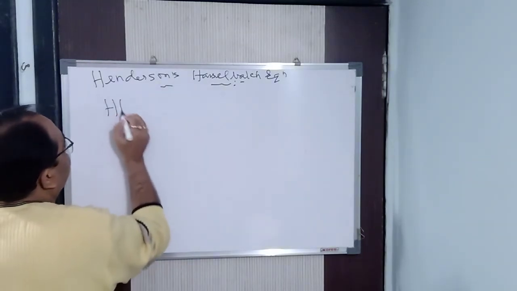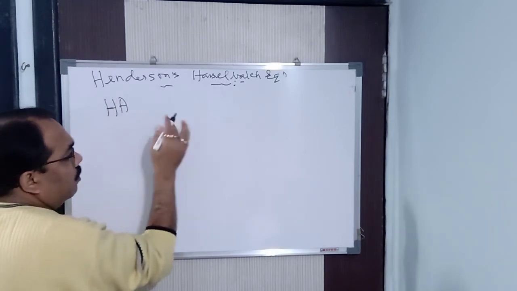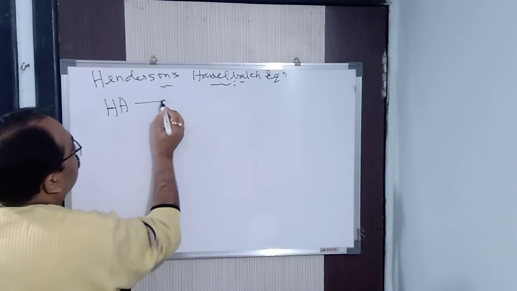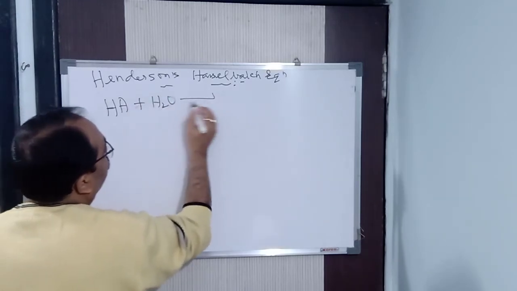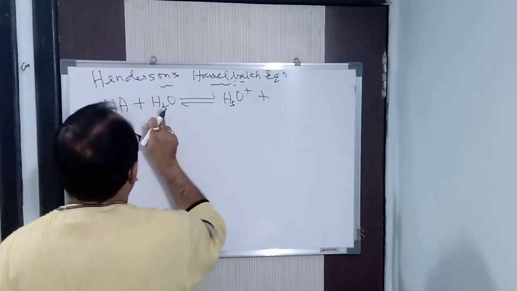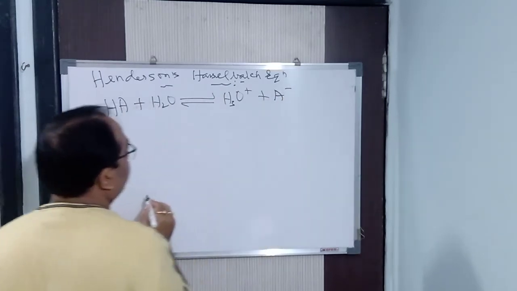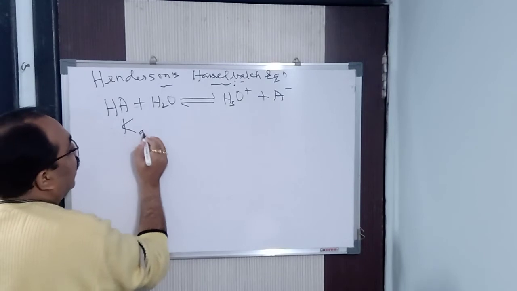In the case of an acidic buffer, in general, the acid is HA, as I have said earlier. The base will be BOH, and the salt will be BA. So HA plus water will give you H3O plus and A minus. Next, we calculate Ka.